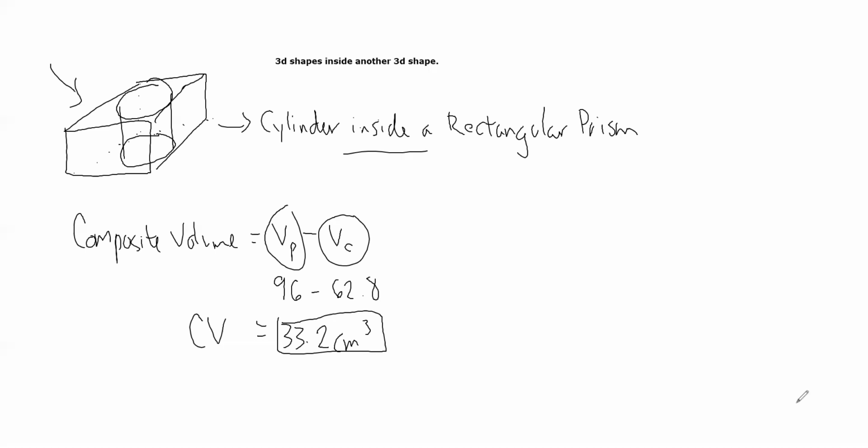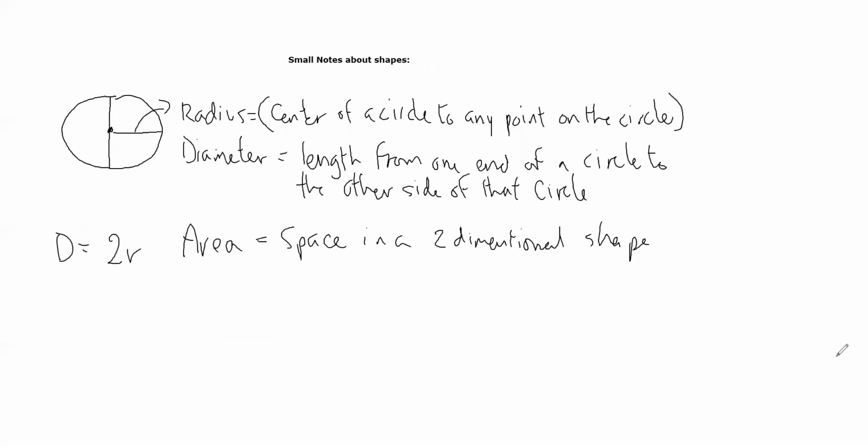And speaking of minor details, segue into this: small notes about shapes. I remember I said there was this thing about circles, about radius and diameter. Well, I'm going to go into more detail because normally in a normal class, we would have gone over all of this in a separate unit. Because we're only doing 5 weeks, I'm just going to tack it on at the end of this and hope that you remember it. So right here, we have a radius, which is the distance from the center of a circle to any point on the circle.